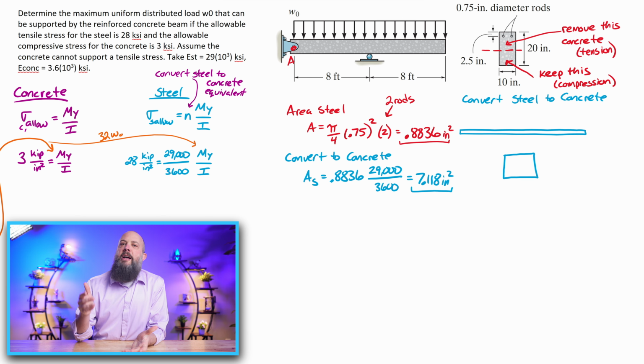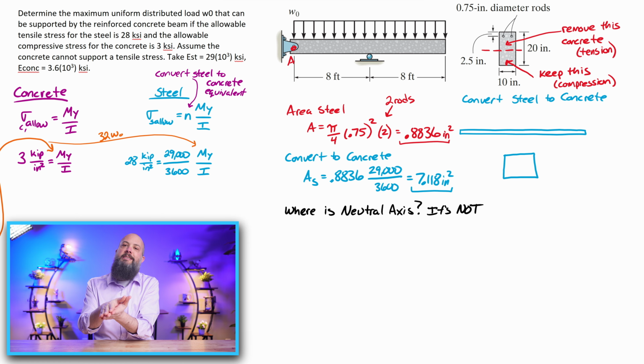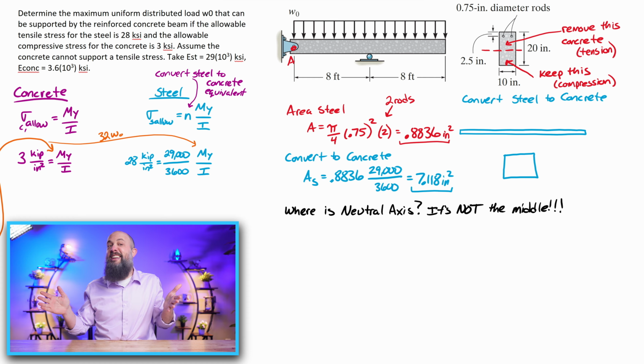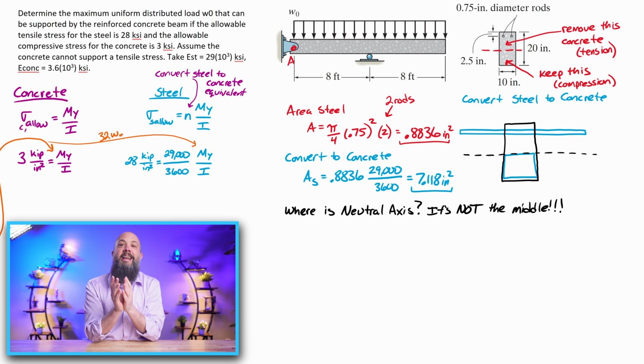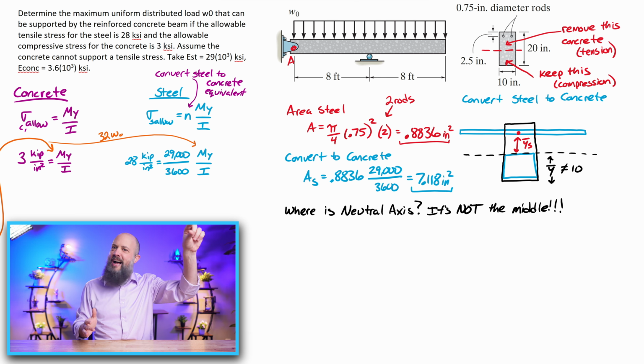Now, before we can find Y and I, because Y is distance from the neutral axis, and I is going to need parallel axis theorem to the neutral axis, we need to find out where the neutral axis is. It's not necessarily going to be right in the middle. In fact, it's going to be at the centroid of the concrete, but ignoring the top half of concrete.